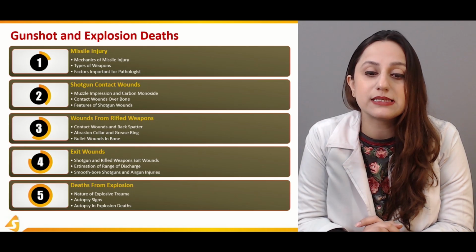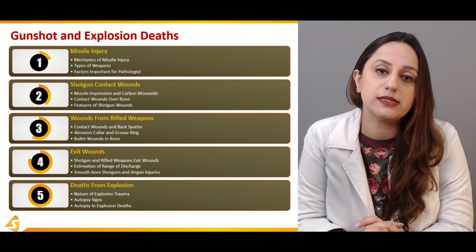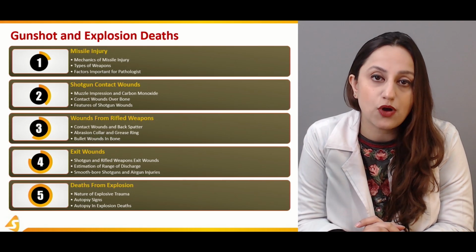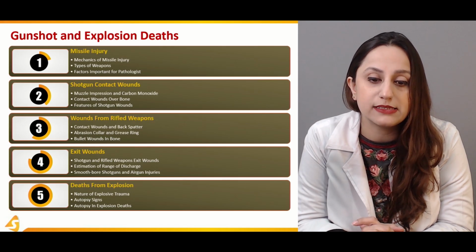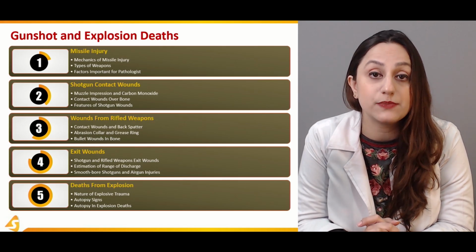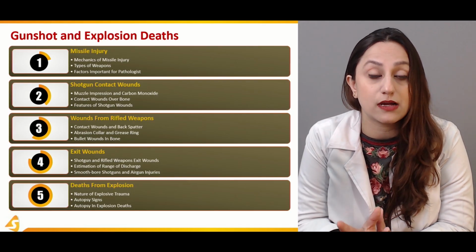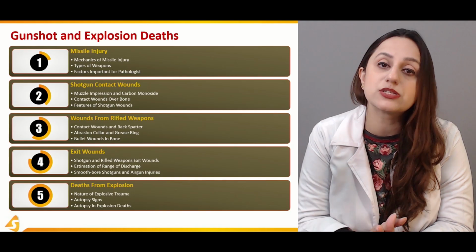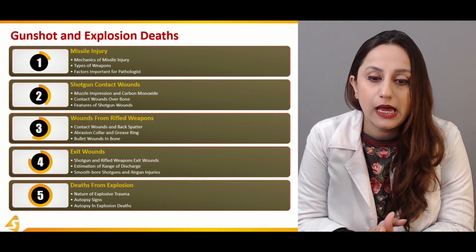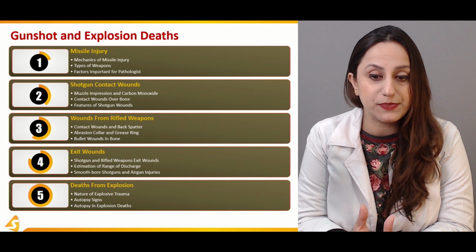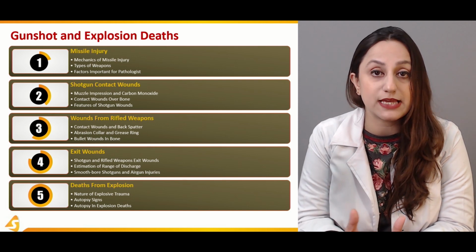Moving on, we'll be discussing bullet wounds in bone. The effects of the bullets on the bone are described here. And in the fourth section, we'll be discussing particularly the exit wounds. We are done with the entry wounds and their characteristics according to the ranges, and then we describe the exit wounds. The shotgun and rifled weapons exit wounds have different characteristics, and we'll be discussing that.